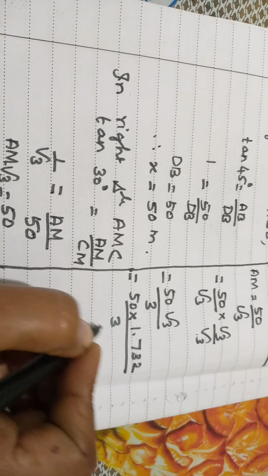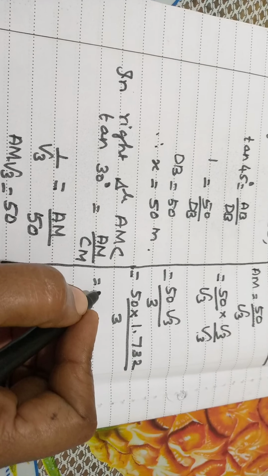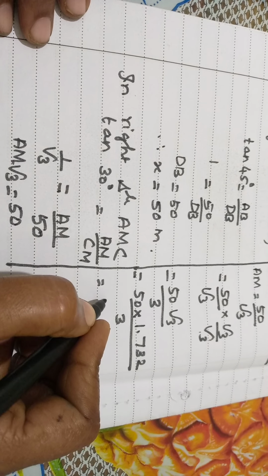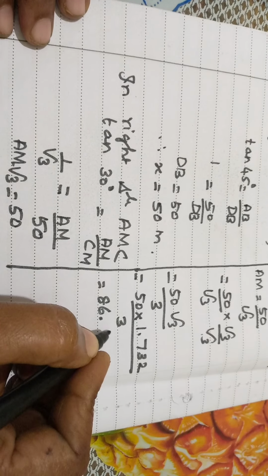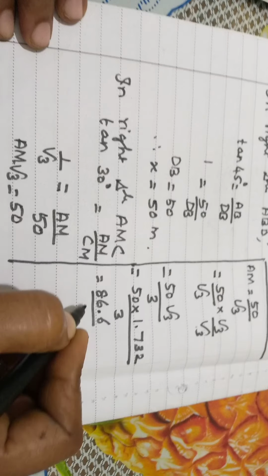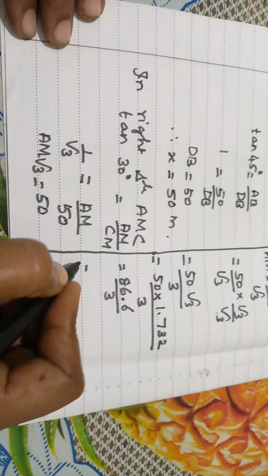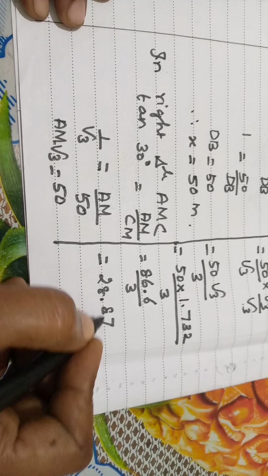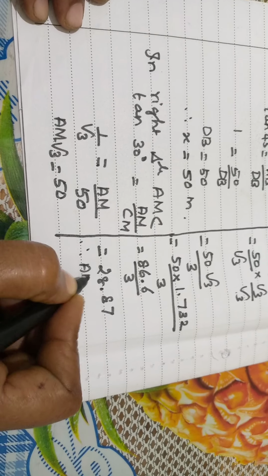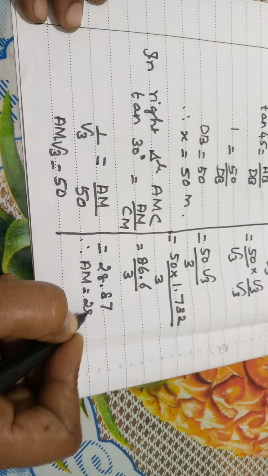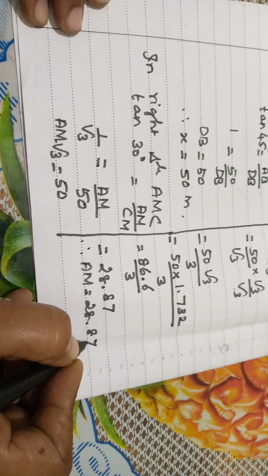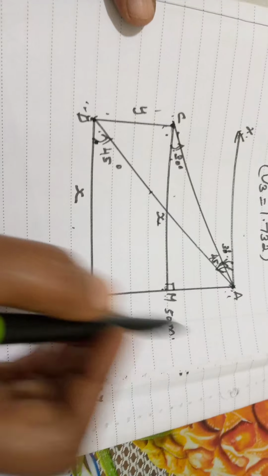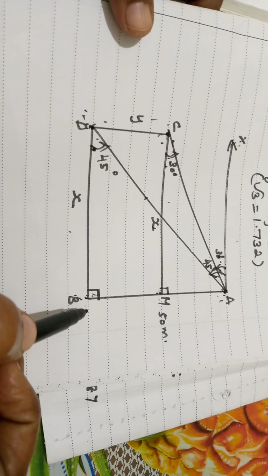Multiplying, 50 into 1.732 we get 86.6 divided by 3, which is equal to 28.87. Therefore, AM equal to 28.87. This whole distance is 50.